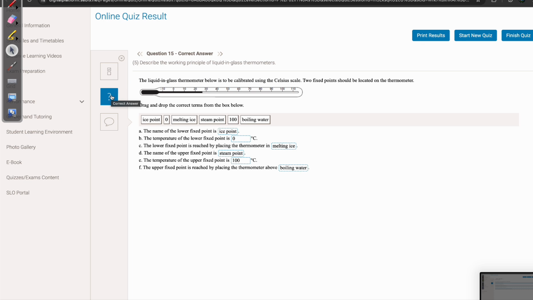And the upper, which means higher temperature, is going to be the boiling point or steam point in this case, which is at 100 degrees Celsius in water, because here they said they were using water, as you can see with the ice and the boiling water. It's all related to water. So again, the boiling point of water is 100 degrees Celsius, and we figured this out by putting the thermometer above boiling water.